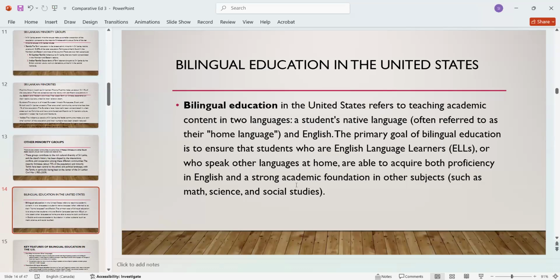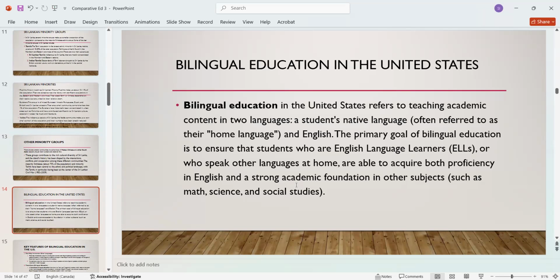So the next topic in your module is bilingual education in the United States. So under language policies, language issues, right? The Canadian people have 2 official languages, and they are having bilingualism, right?